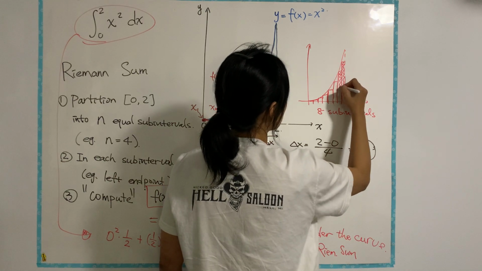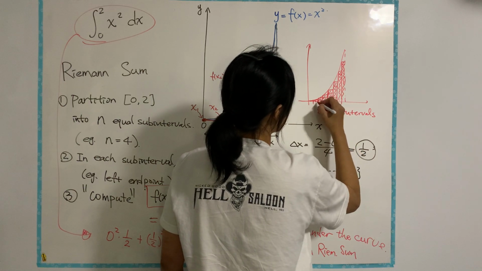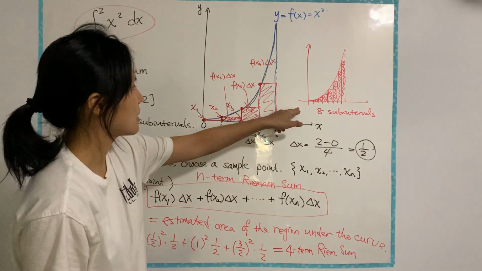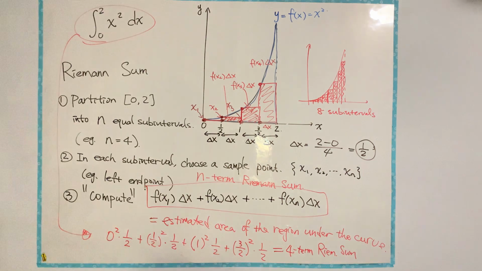And you can see the number that I get from this Riemann sum would be more accurate than the number I get from my 4-term Riemann sum.